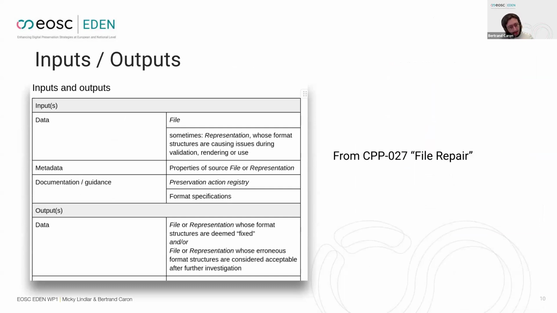So for example, this is the initial inputs and outputs section, just a snippet from the CPP 27 that describes the file repair process, the way we handle any kind of broken data. Inputs are described in terms of data, metadata, and documentation or guidance or policy, and outputs are described similarly.